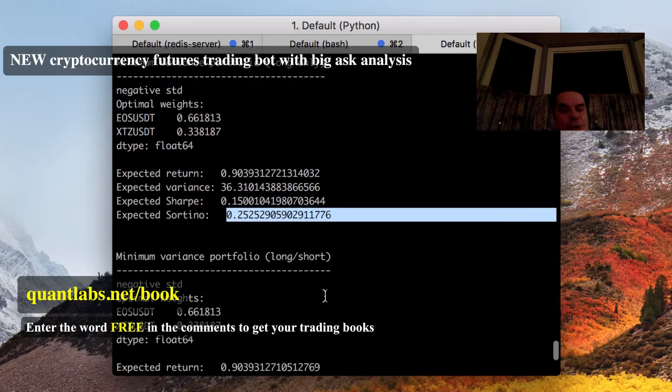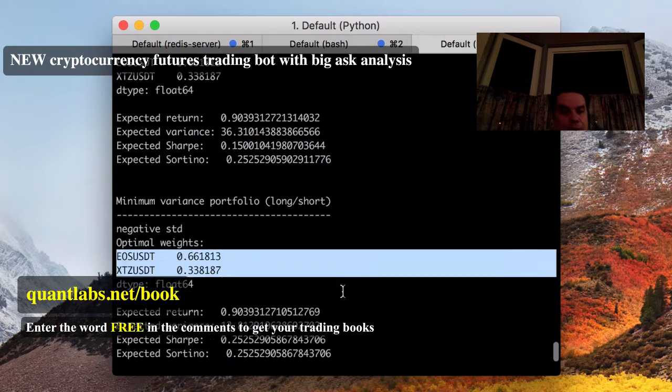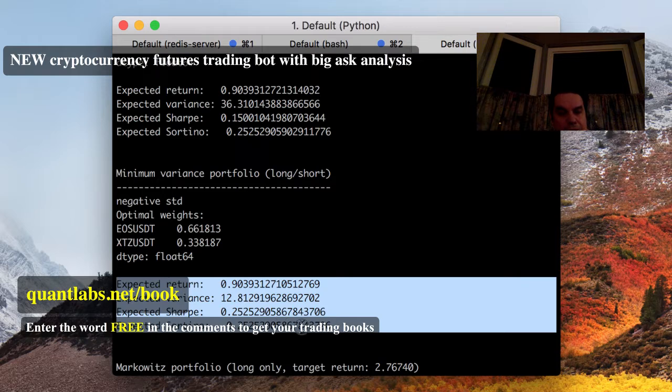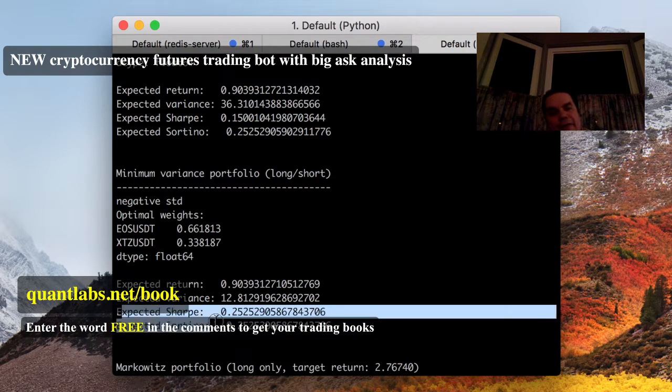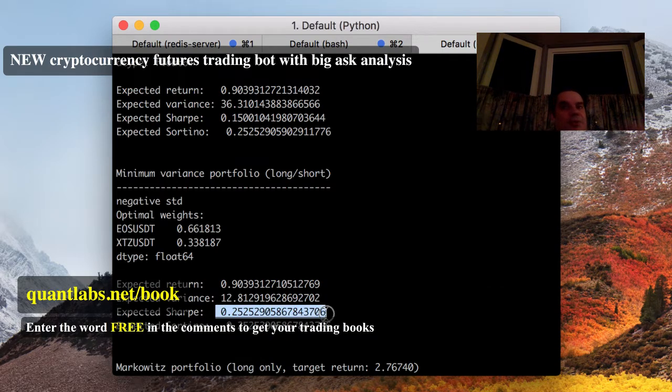If I want to do a combination of long and short, nothing really changes here. Even if the market flattens out with a Sharpe, again, this is all theoretical, I could get a 0.25% return. Same with the Sortino.